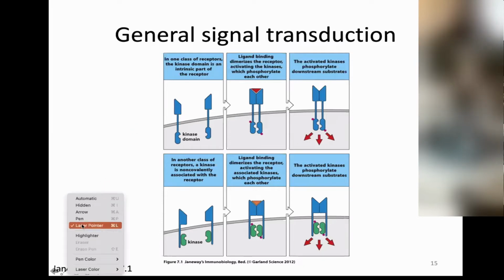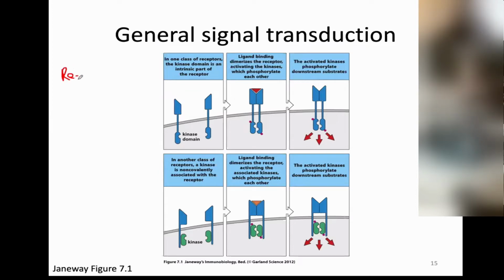You can figure out those 3 parts from the name. So a receptor tyrosine kinase has a part that is the receptor, which means it's the part that binds to the ligand.